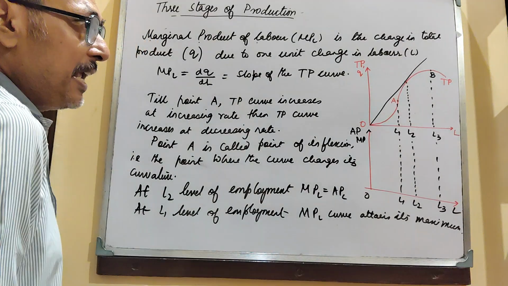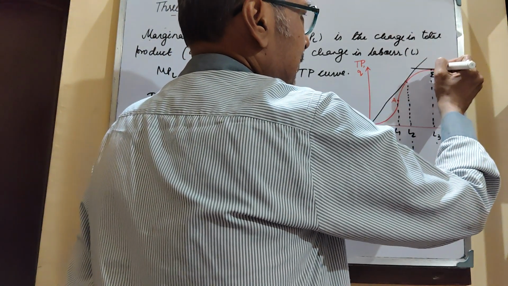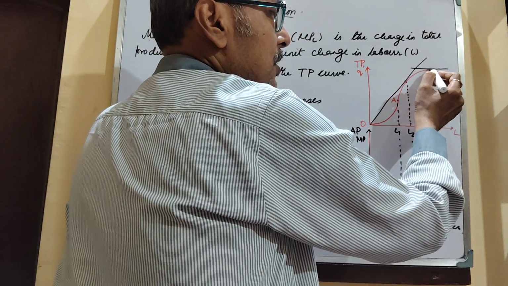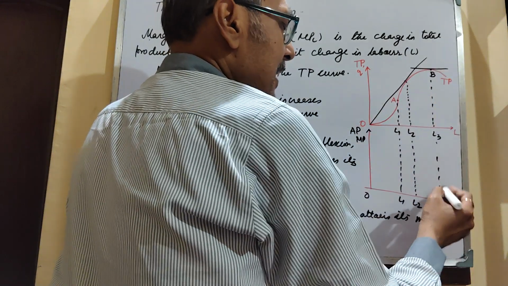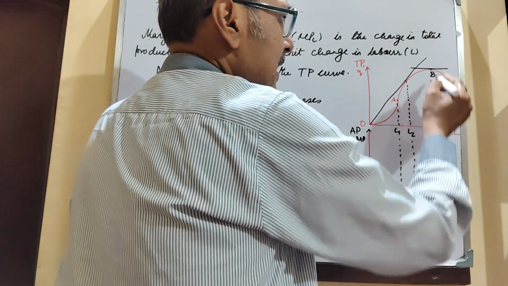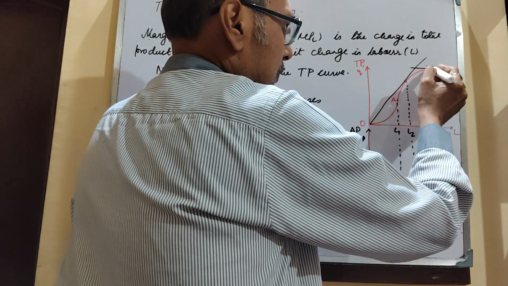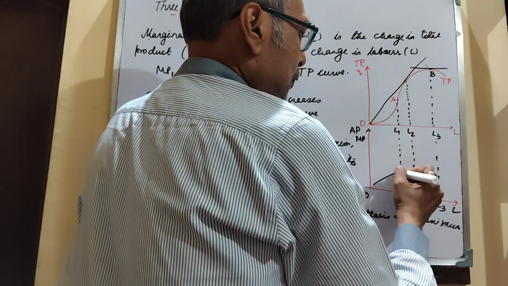MPL curve. The slope of the MPL curve at the L2 level becomes horizontal. That means MP is 0. At this level, MP is 0. This is the average product curve.